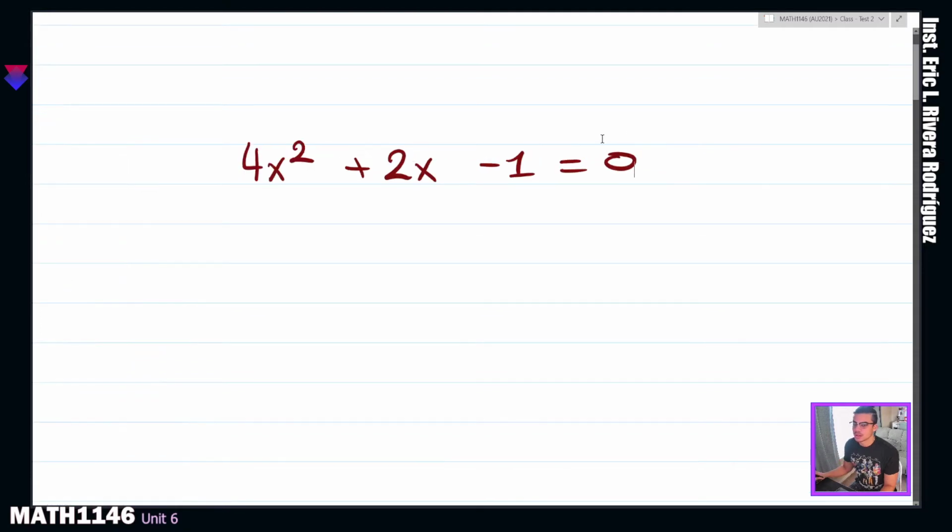Okay. And we have seen two methods to solve this type of quadratic equation. One by the quadratic formula, and the other one by doing a factorization first of this quadratic equation.